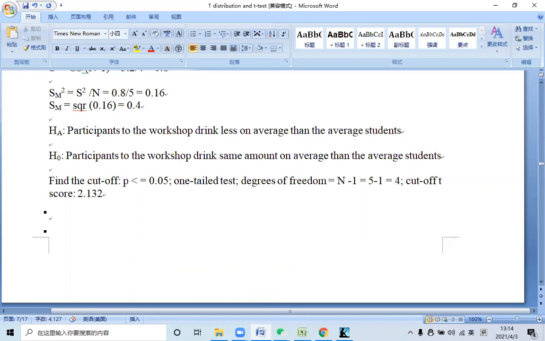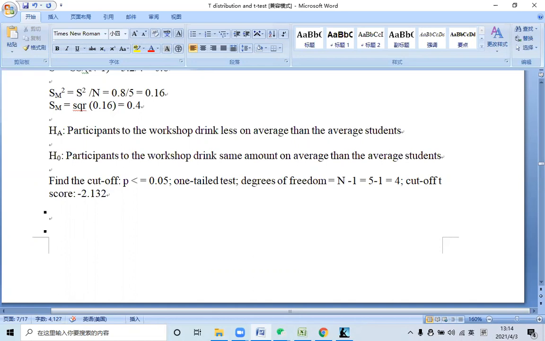2.132. And in this case, do we want a negative cutoff or positive cutoff? Probably we want the negative, because we predict that the population of students who go to the workshop will drink less than the average students.